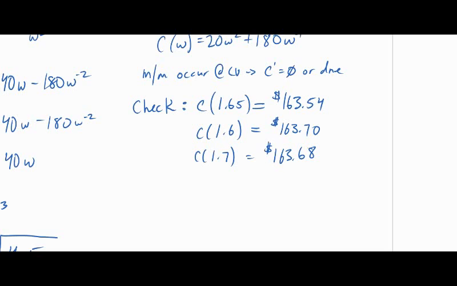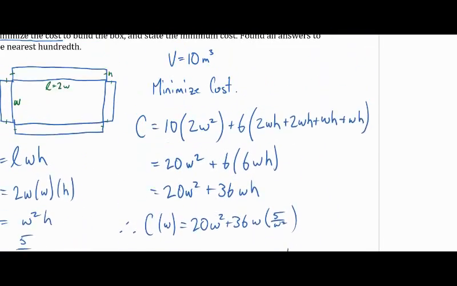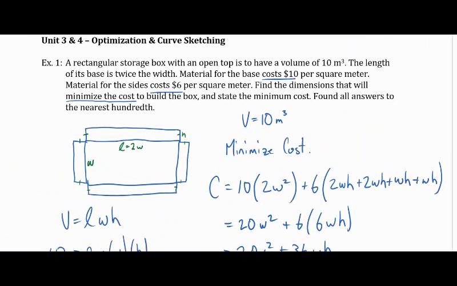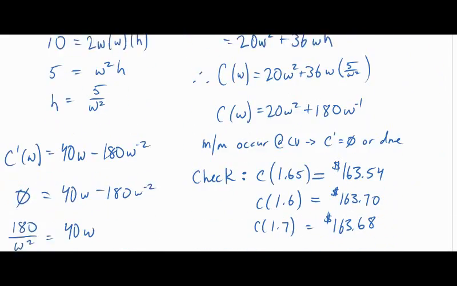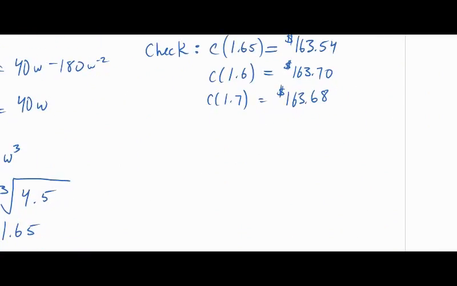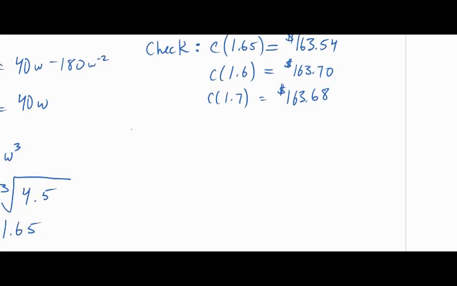Everybody okay? I'm just going to scroll back up here for a minute and reread the question. Find the dimensions that will minimize the cost and state the minimum cost. So we found the minimum cost, $163.54, but I need the dimensions. So we found the width is approximately 1.65.